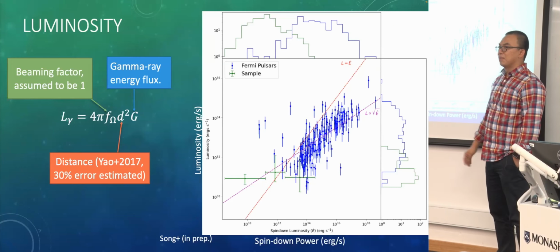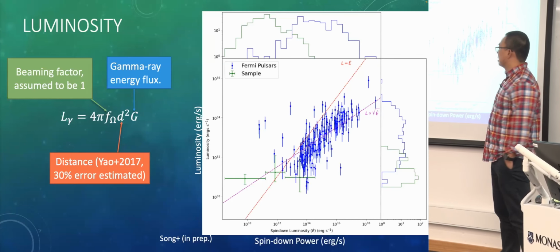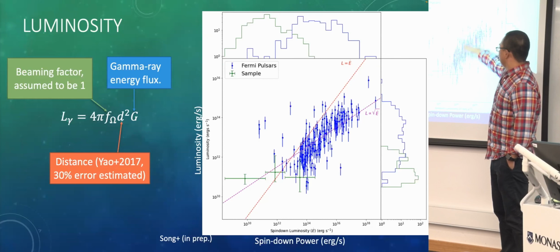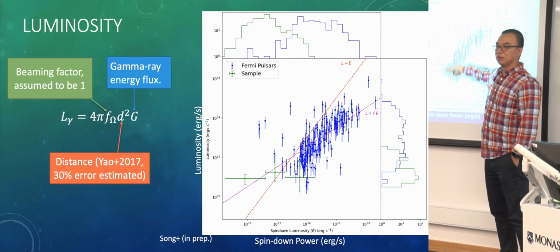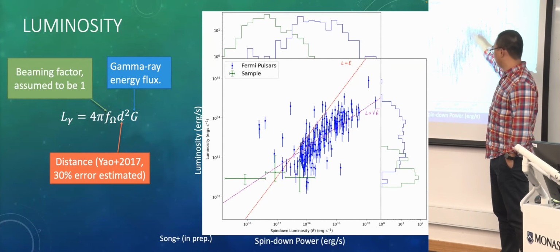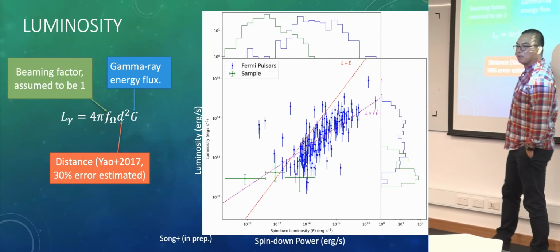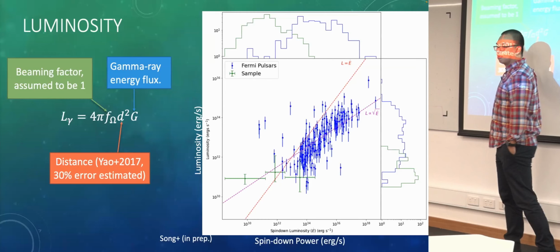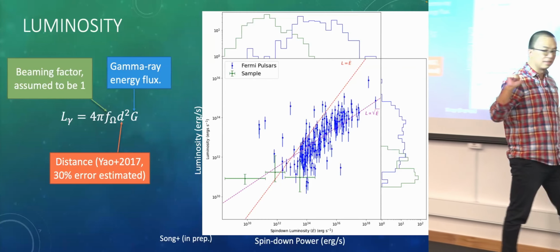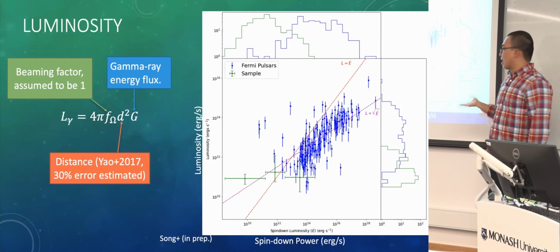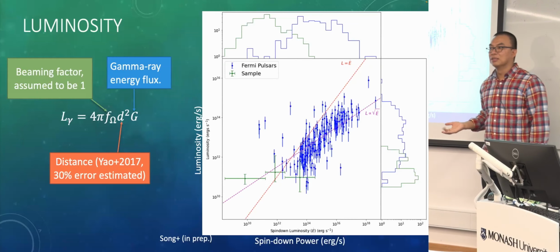That can, in fact, result in a factor of a few to factor of 10 difference. So that transfers to one or two orders of magnitude difference here. And some people also think the beaming factor, assuming to be 1, is not a great thing to do for all the pulsars, but that goes down into the geometry of the emission mechanism, which is a little bit uncertain.